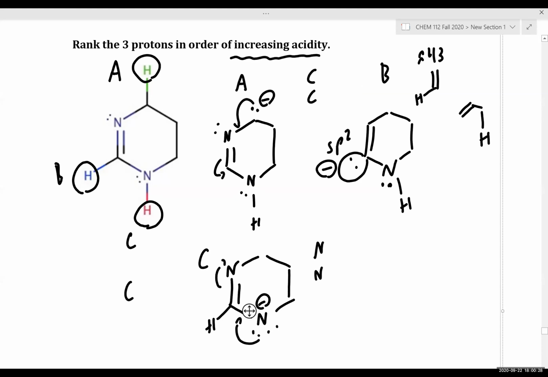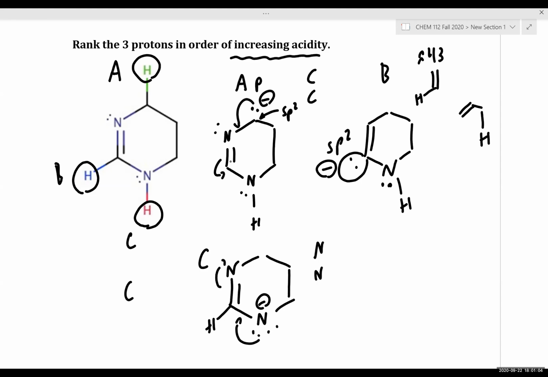So the argument that we're going to make is as follows. If we're thinking about the conjugate base generated from proton A, what is the hybridization? So the hybridization of the carbon atom in this case is sp2, and our lone pair is found in a delocalized conjugated p orbital.